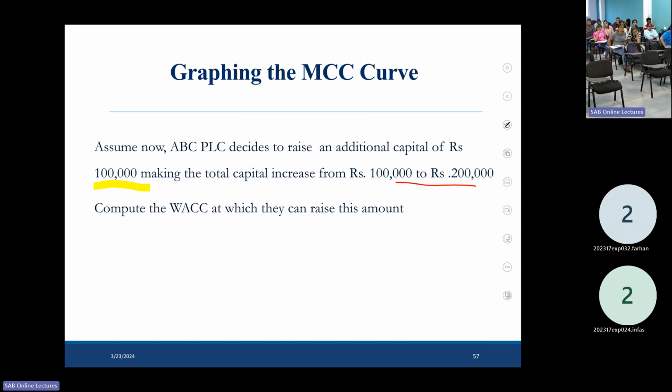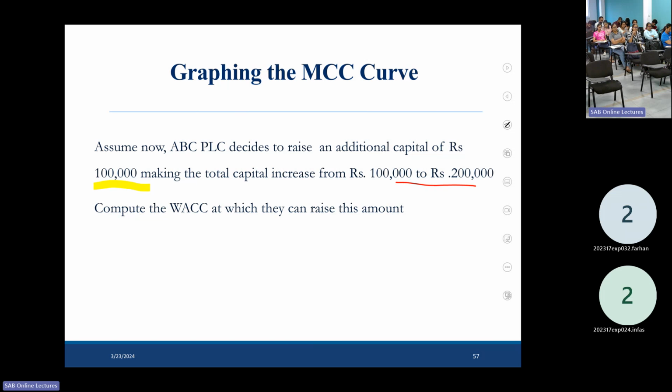It is clear now. Existing total capital is 100,000, so they are raising an additional 100,000. So now total capital is 200,000. Compute the weighted average cost of capital at which they can raise this amount.